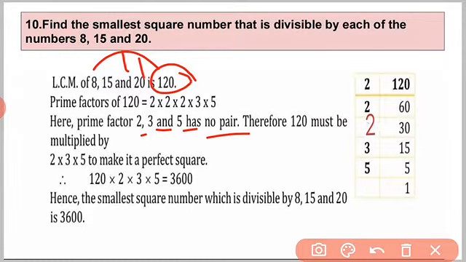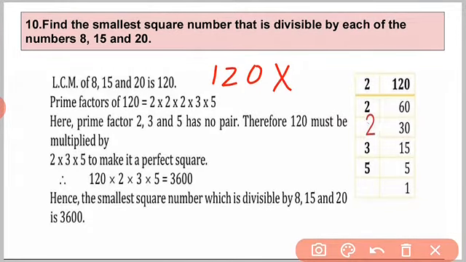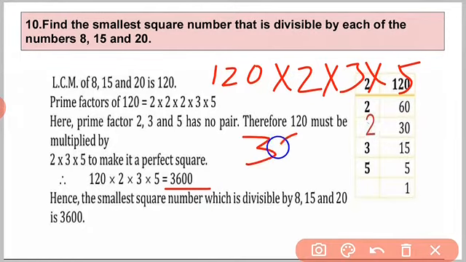Therefore, in order to make it a perfect square, we must multiply 120 by 2, 3, 5. So what do we get? We get 3600. So 3600 is a perfect square, and it is the smallest square number which is divisible by all these three numbers.